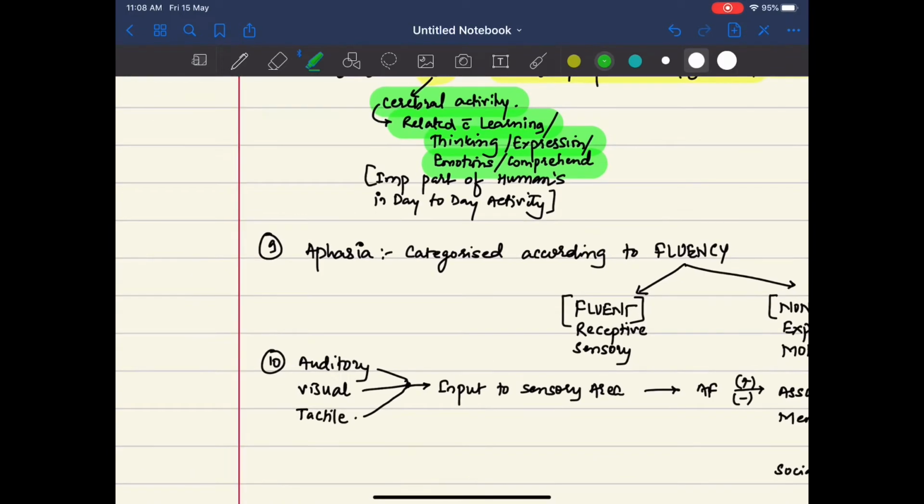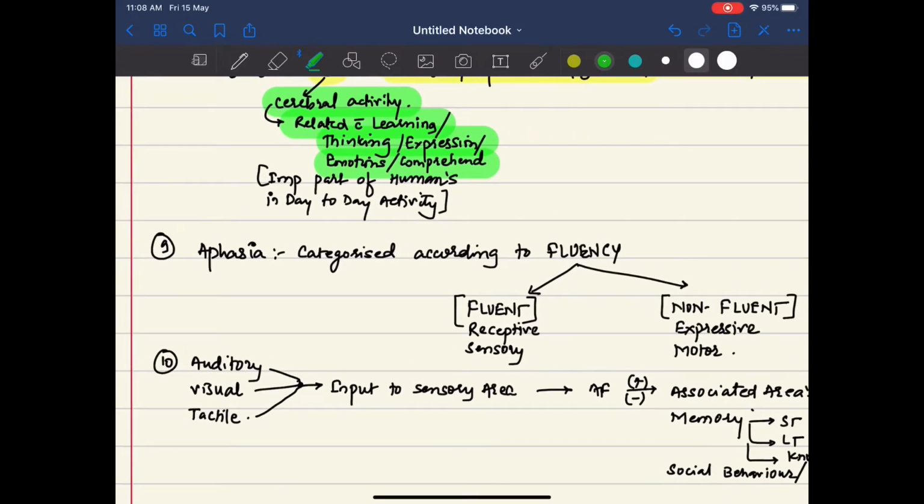Okay. Aphasia is further categorized according to the fluency. Please remember that whenever fluency is there, fluency we have to assess, and we can categorize aphasia into these two parts. One is fluent and other is non-fluent. Fluent is nothing but the receptive or sensory aphasia.